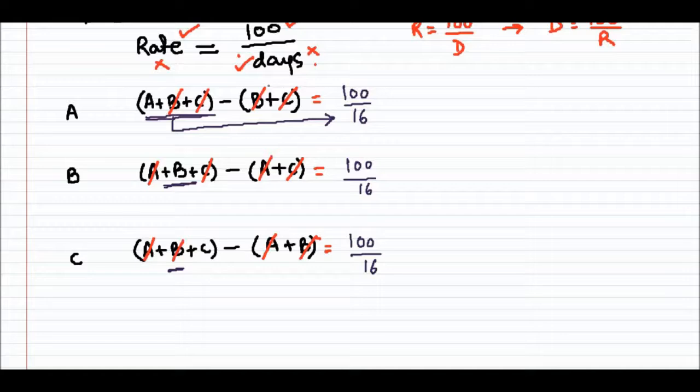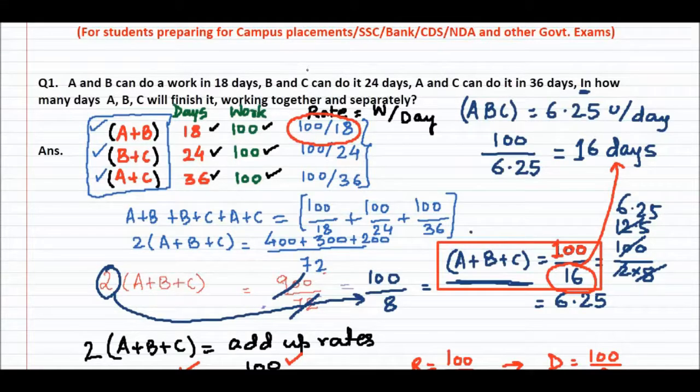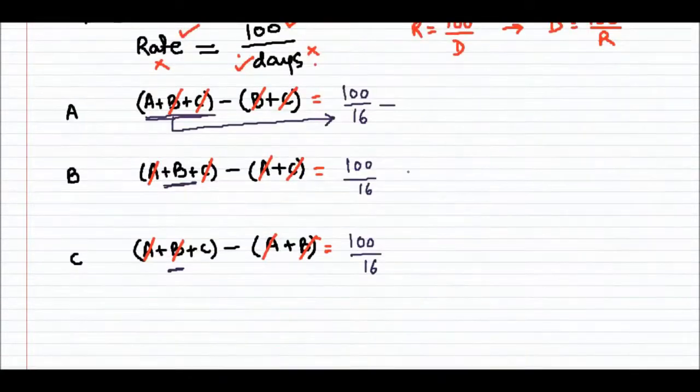Similar thing I have done for all three cases. Now here I have to subtract the rate at which B and C are doing it. So let us go to the question. B and C can do it in 24 days. So what is their rate? I have clearly mentioned here 100 divided by 24. So let me put this value 100 divided by 24 here.